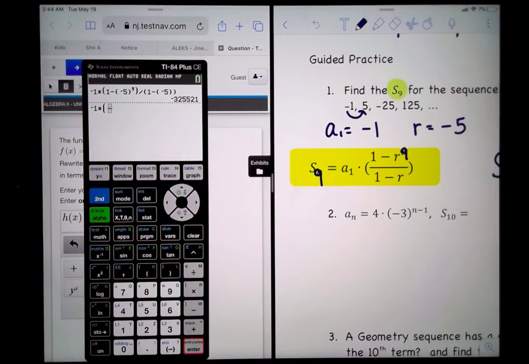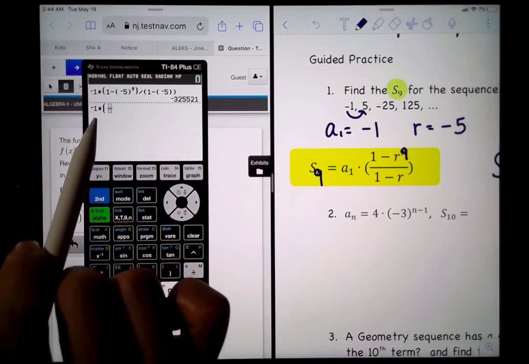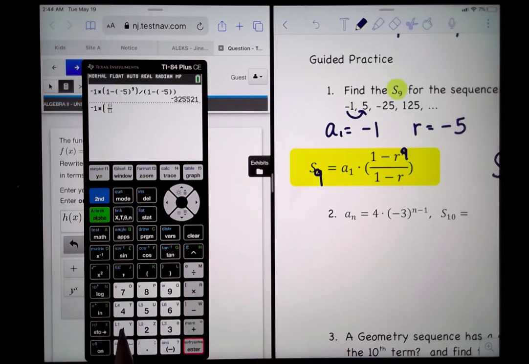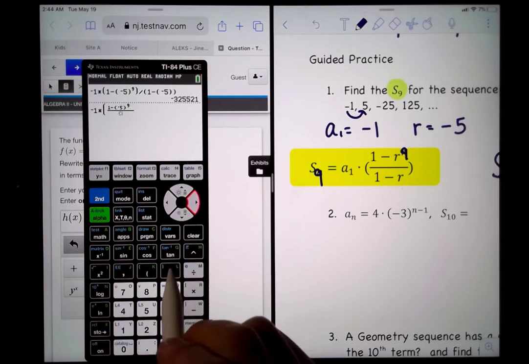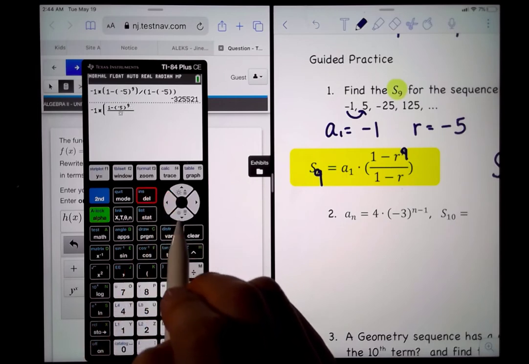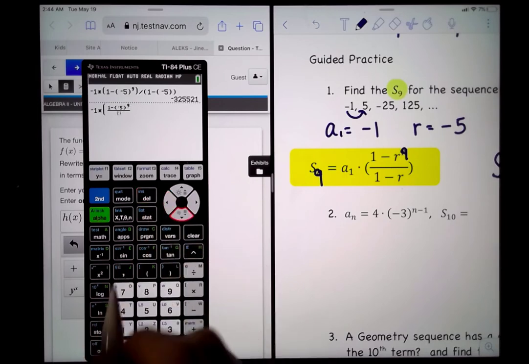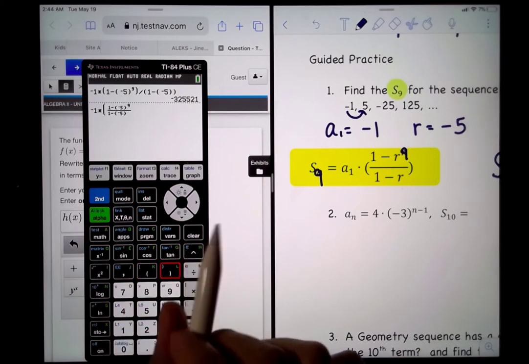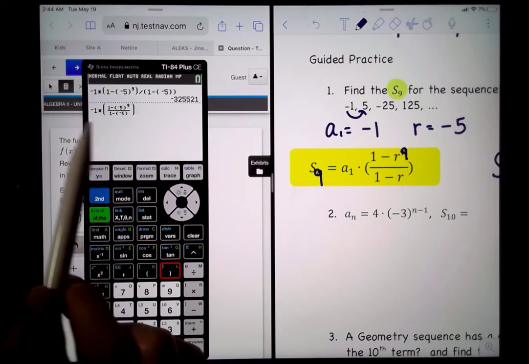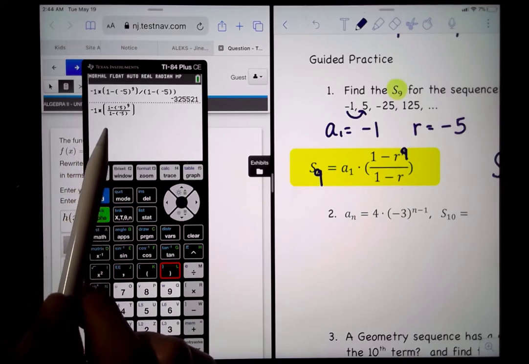Just press enter, then you get this fraction section. So you can just type the number: 1 minus -5 to the 9th power. Oh, actually you don't need this. And on the bottom you have 1 minus -5, like that. You see it? So you can type it. This is the good form.